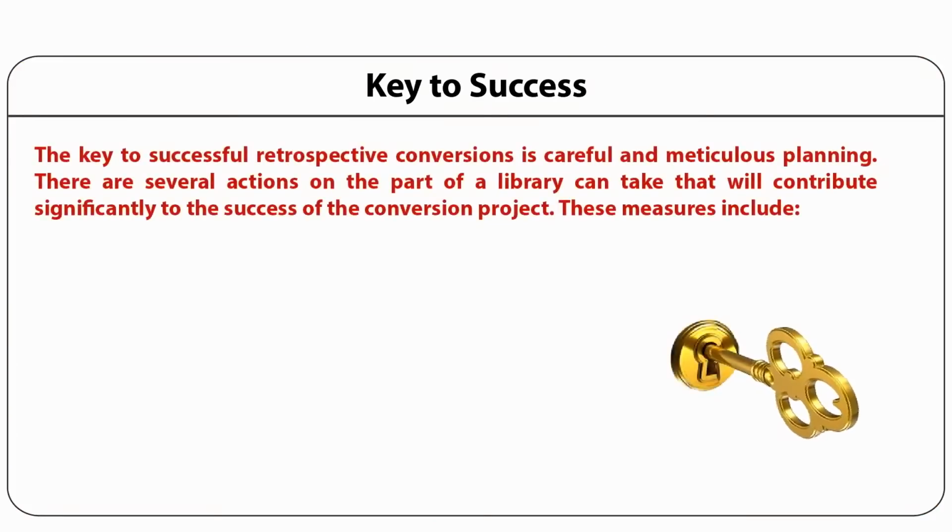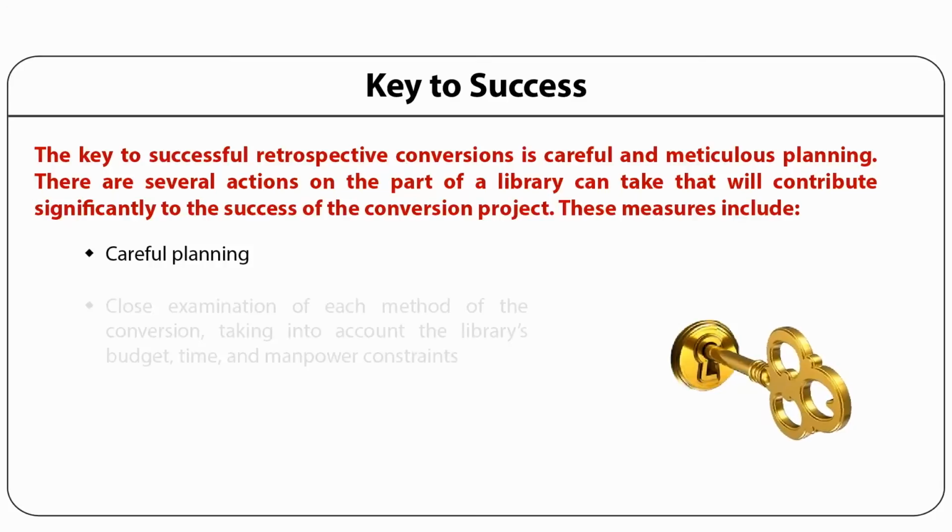Key to success. The key to successful retrospective conversion is careful and meticulous planning. There are several actions on the part of a library which can contribute significantly to the success of the conversion project. These measures include, number 1, careful planning.